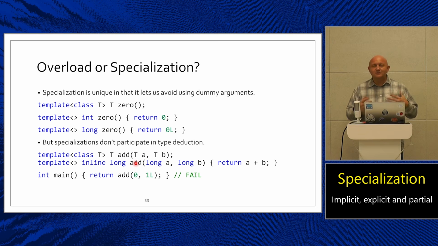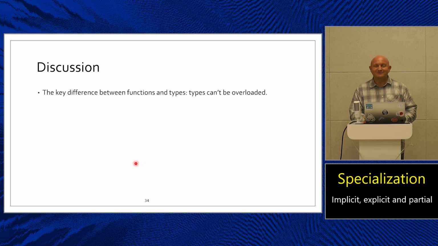But for functions, you do have both. Not for types. For functions, you do have both function overloading and function specialization. But types cannot be overloaded.